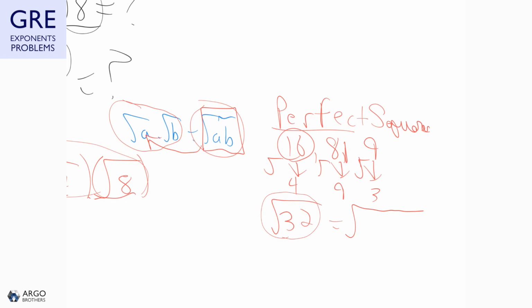Well, we know that 4 times 8 is 32, but we can go even better. We know that 16 times 2 equals 32. And so radical 32 would actually be radical 16 times radical 2, and we know radical 16 is 4. So this would be 4 radical 2. Radical 2 is not a perfect square, so we keep it as that.